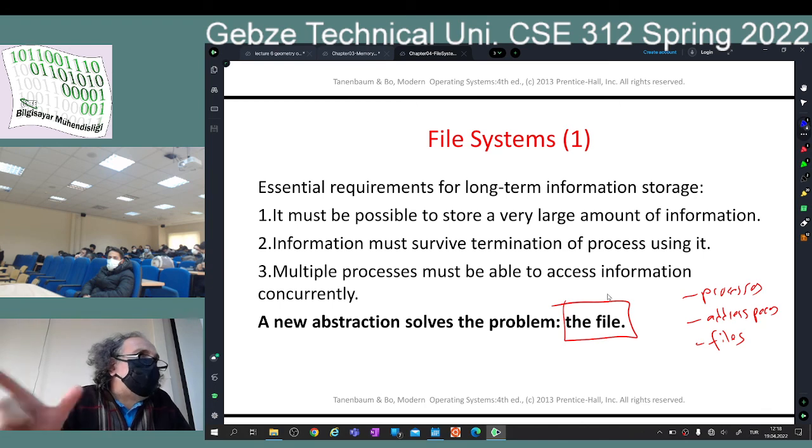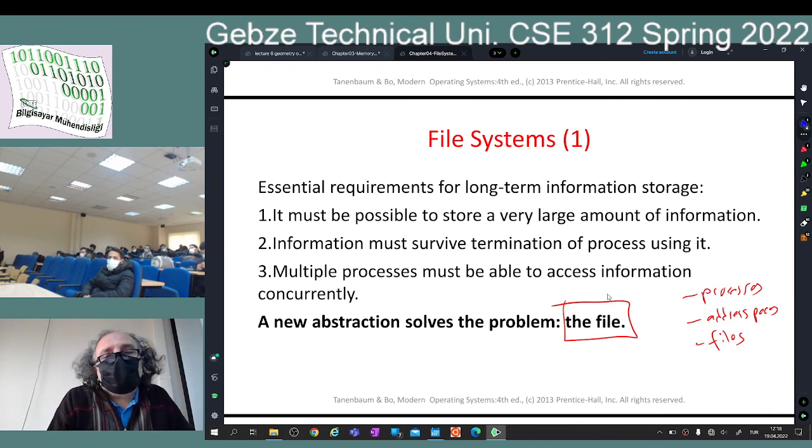It's a linear space, and I can do whatever I want with those files. But the number of segments we talk about is maybe at most thousands. With files, the number of files that you can keep on your disk is in the millions. So we need ways of organizing this data.